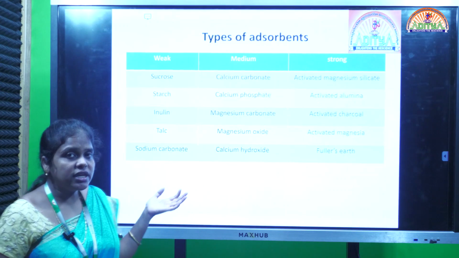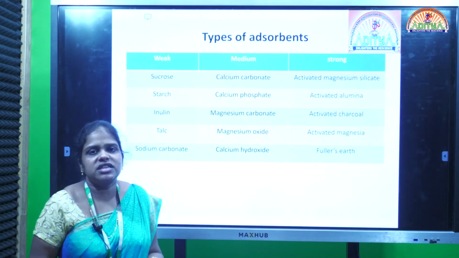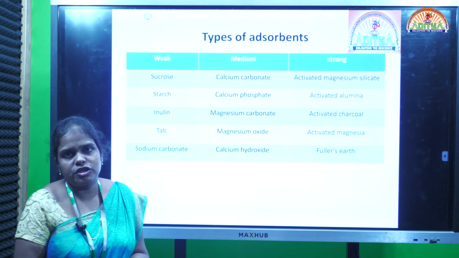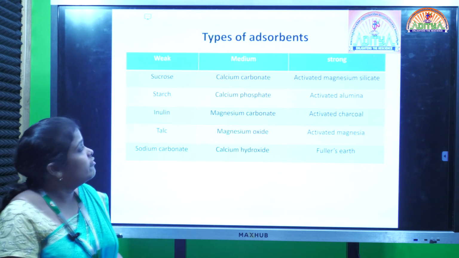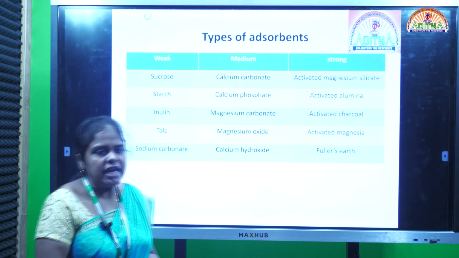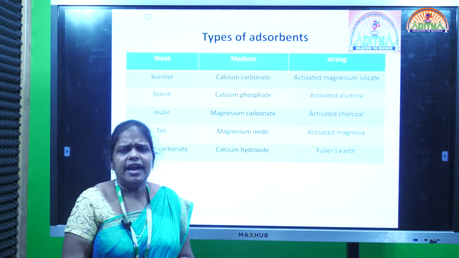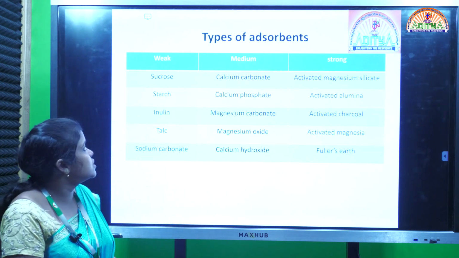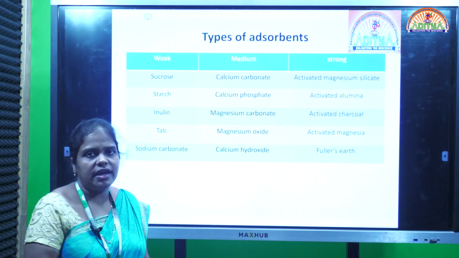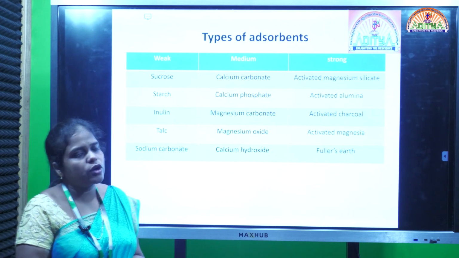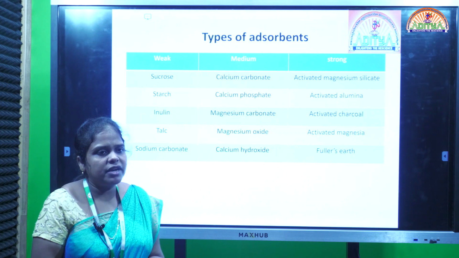And coming to the next thing, what are the different types of stationary phases which we can use in column adsorption chromatography? Those are weak stationary phases. That means they will act as stationary phases, but they have weak adsorption capabilities. Those are sucrose, starch, inulin, talc. And coming to the medium, that means they will act as adsorbents but having medium capability of adsorption.